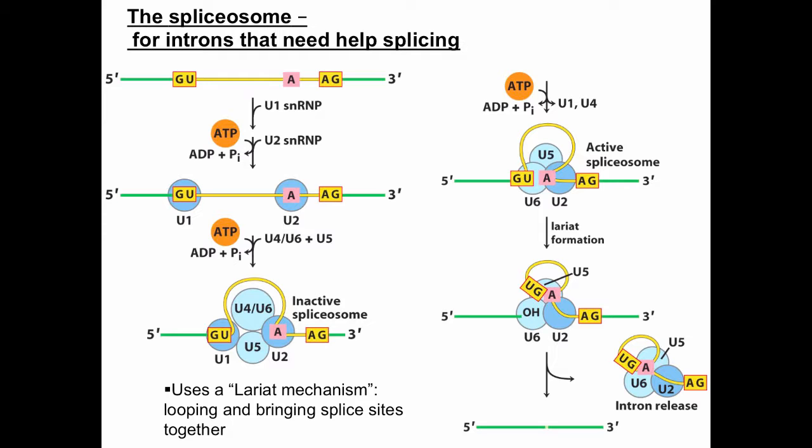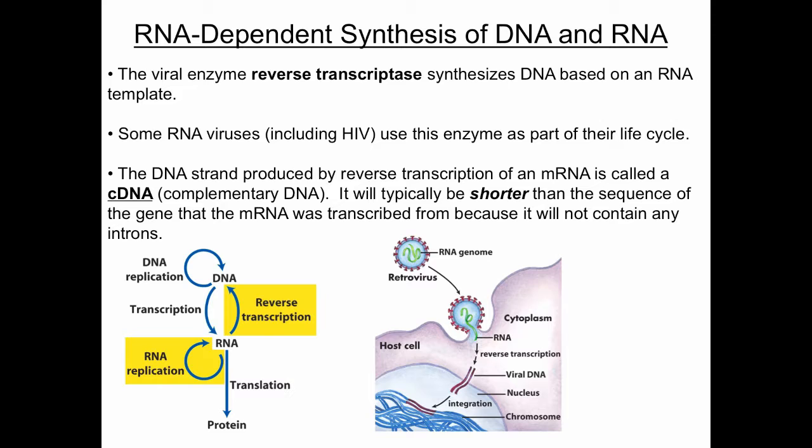And again, it's going to form that lariat, which then is going to be spliced out by attack of the 3' end of the exon to the 5' end of the 3' exon. Okay.